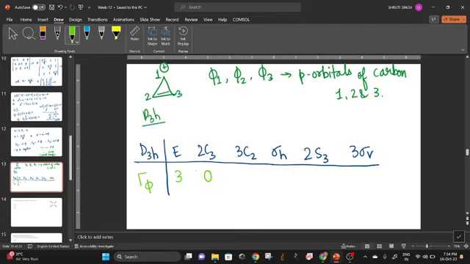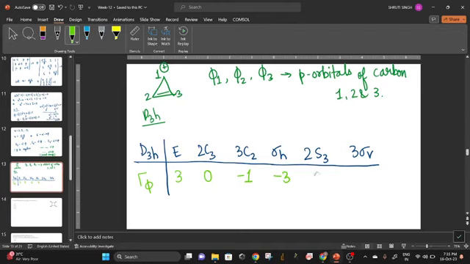Under C2 the atom through which the C2 is passing will not change, the other two will swap their position. So under C2 the character will be minus 1, minus because the p orbital will change its lobes. Sigma h is minus 3 because the p orbitals will change their lobes, but the positions will not change.